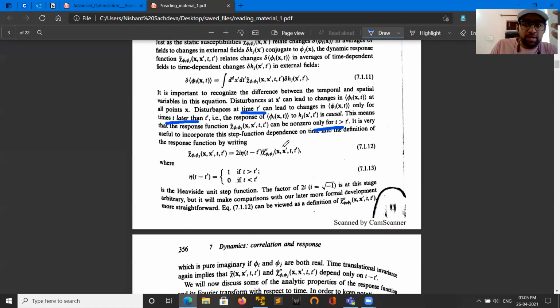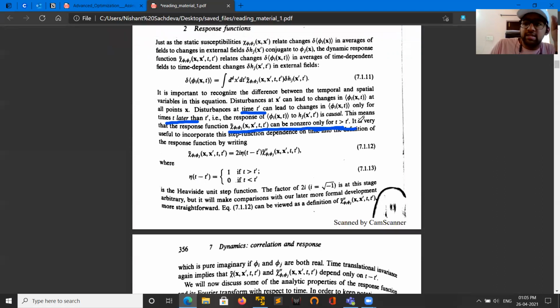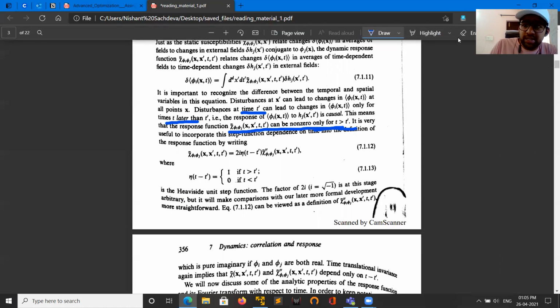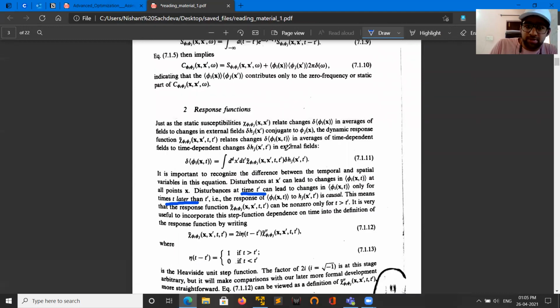Be careful with the wording here. We are incorporating the step function dependence on time. This thing can be non-zero only for t bigger than t dash. There's a dependence there. We need t to be bigger than t dash. How do we use it? We incorporate this particular dependence on time into the definition of the response function. What was the response function? It was up there.